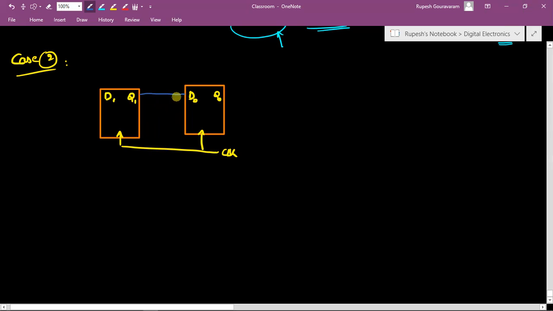And I take Q1 and Q0 and connect them to an XOR gate, and connect that XOR gate to D1, let us say. Now this is a different combination. This we have not seen earlier.